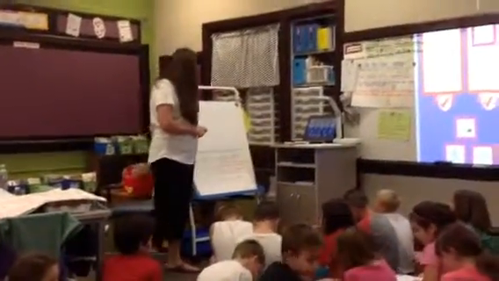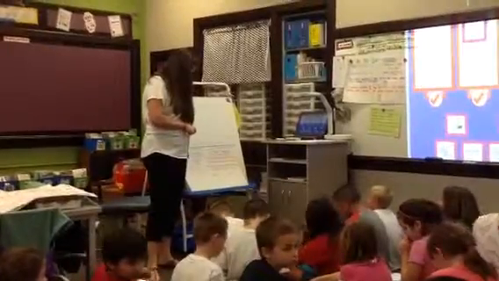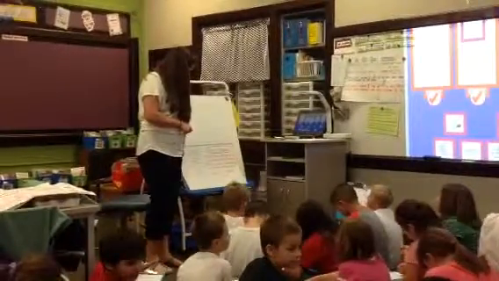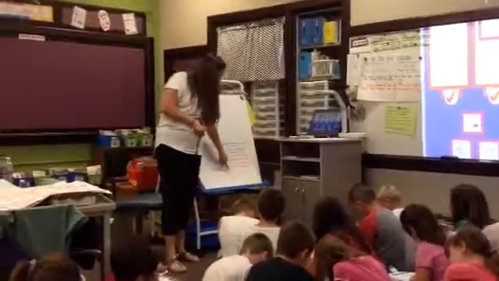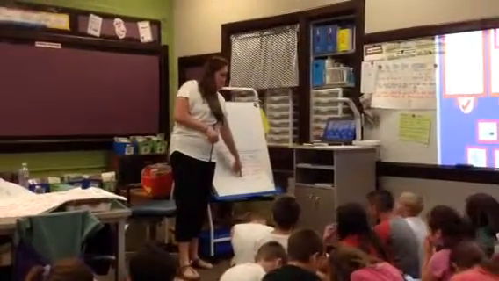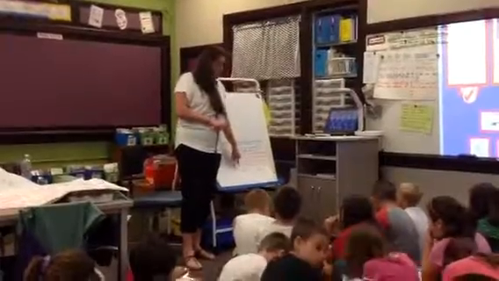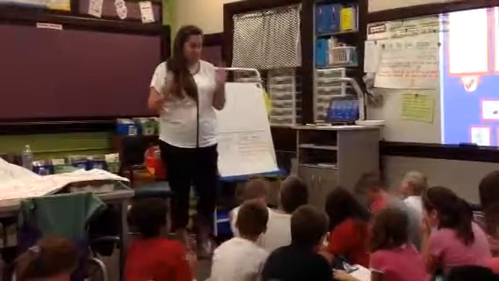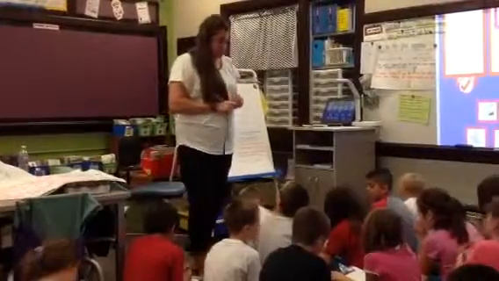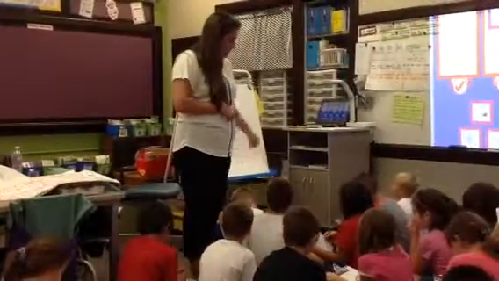And you can do the same thing that we did with these ones. So in this one we changed the B to an R to make a different word. You might be able to do it in this word too. Change that B to an R. It might be another word that's a long vowel sound. I don't know. You'll have to test it. I want you to do that.